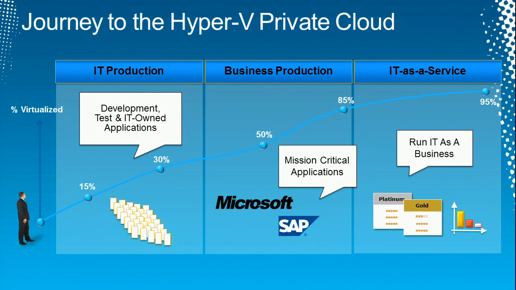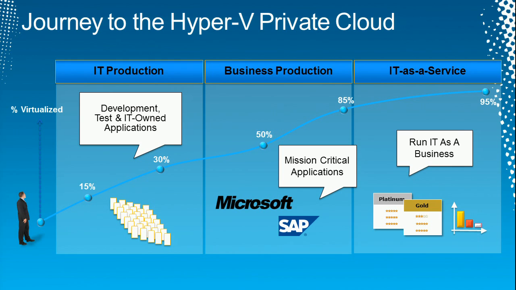Phase two, now you're cooking, right? Now you're in the business production phase. You're able to say, hey, virtualization's working for me, I'm getting a handle on it, I'm comfortable with it. I'm going to virtualize some of my main business applications, things like SQL Server, SharePoint, SAP, other mission-critical applications.